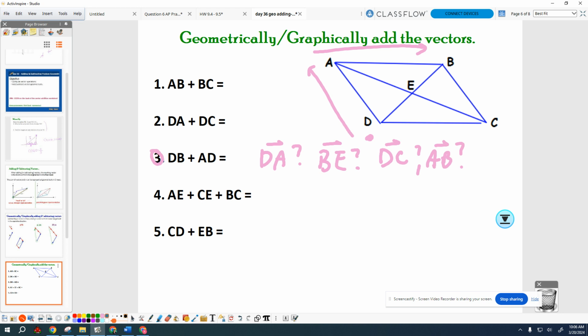All right, let's try it. Let's say we walked from D to B, and we walked from A to D. So we're missing a whole little spot. First of all, are they added together correctly? The arrowhead is at the start of it. It's AB. Can it not be DC also?